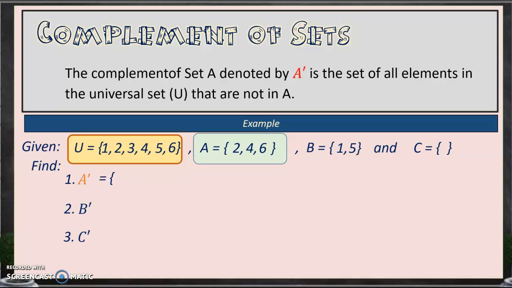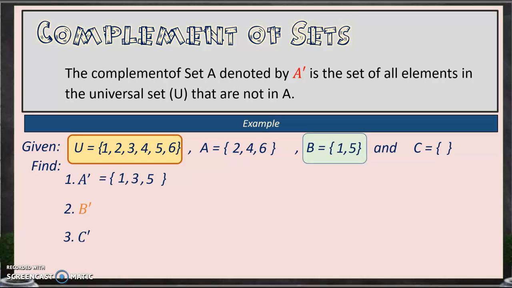Set A consists of 2, 4, 6. So the elements that are not in set A but are in the universal set are 1, 3, and 5. So A prime is 1, 3, 5.